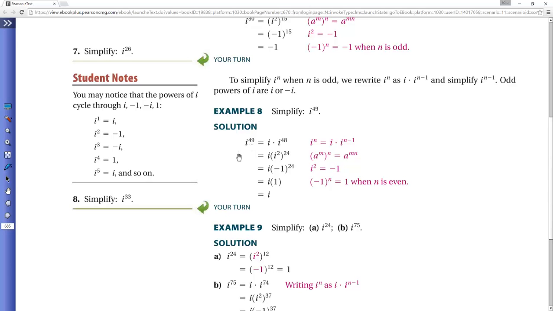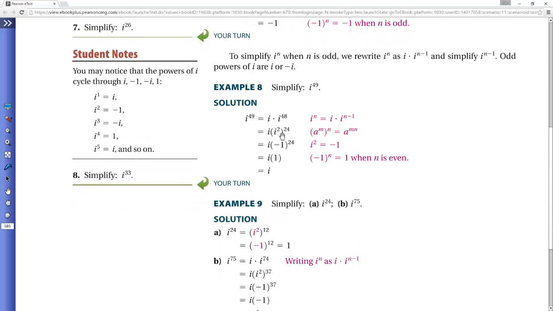So what they do is say we could write the 49th power as i times i to the 48th power, which is i times i squared to the 24th power. They need this to be even so I can do a power of a power on i squared, because i squared is the thing I know a real number value for.